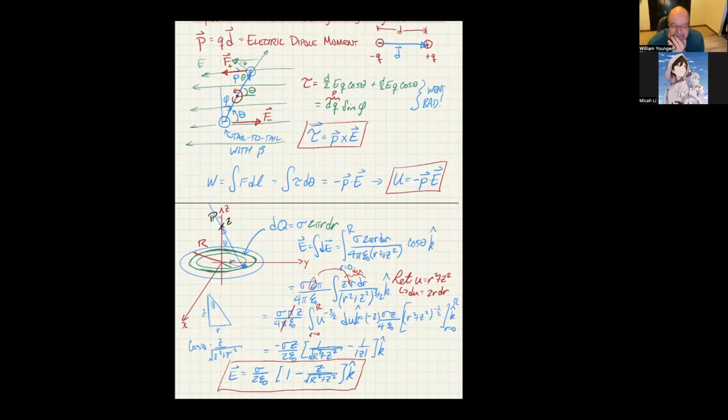Yeah, I was going to ask you, how did you derive the dq equals sigma 2 pi r dr thing again? Oh no, at the top of that, it's dq is equal to sigma 2 pi r dr. Okay, gotcha.